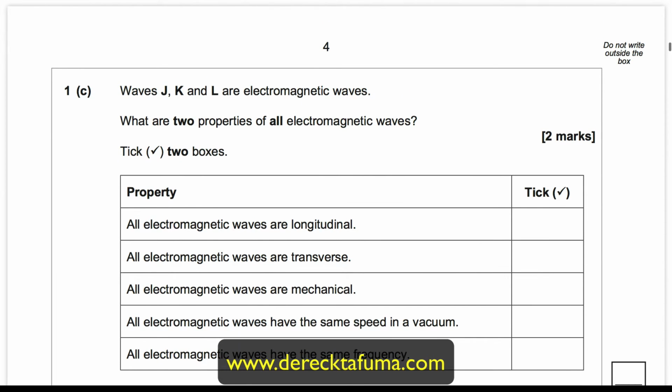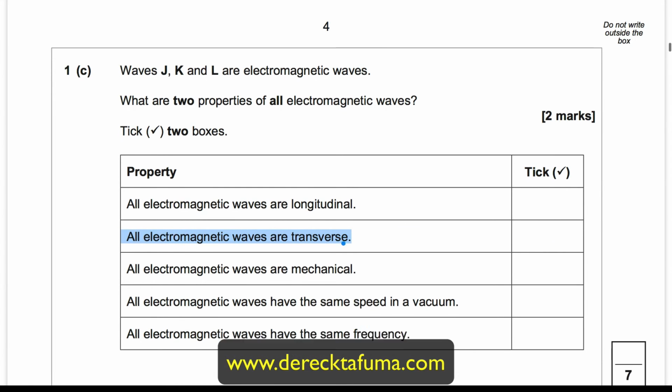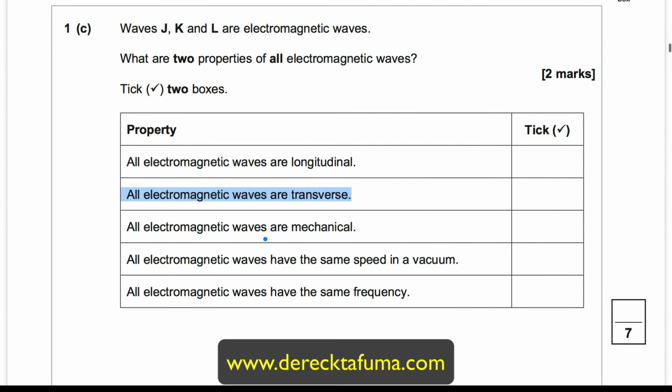1C. Waves J, K, and L are electromagnetic waves. What are two properties of all electromagnetic waves? We need to tick just two. All electromagnetic waves are longitudinal. No. The reverse is true. All electromagnetic waves are transverse. So I'll put a tick on this second one. All electromagnetic waves are mechanical.